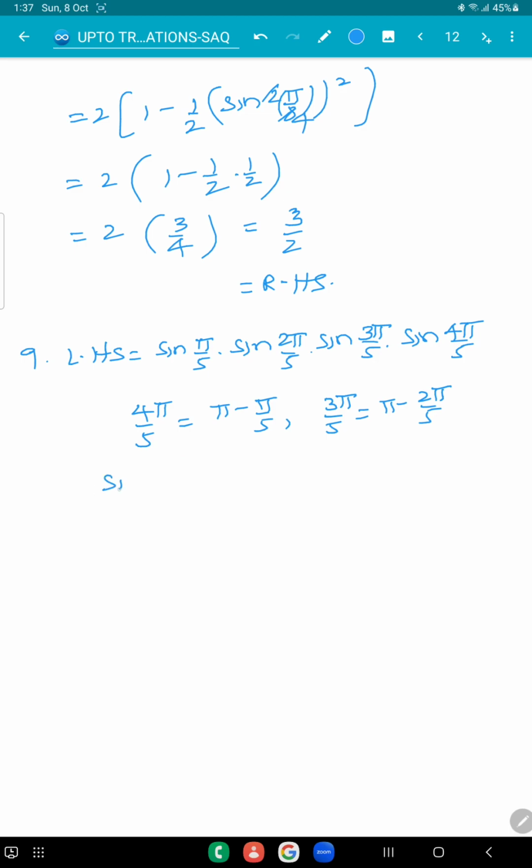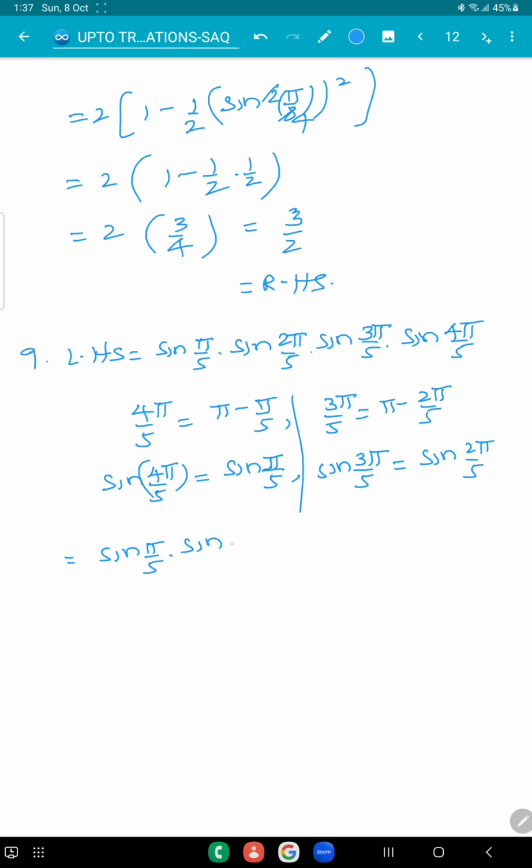So sin 4 pi by 5 becomes sin pi minus theta, sin theta. Sin 3 pi by 5 becomes sin 2 pi by 5, and sin 4 pi by 5 is nothing but sin pi by 5.